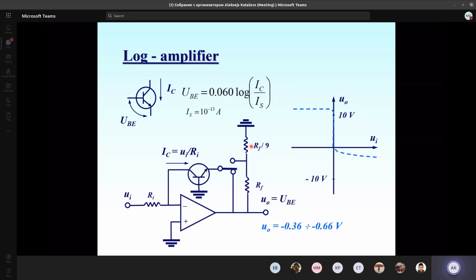If I connect this base emitter junction not directly to the output but through the feedback resistor, it could be demonstrated that the output will be proportional to the same logarithm of the current as without these feedback resistors, but multiplied by 10.